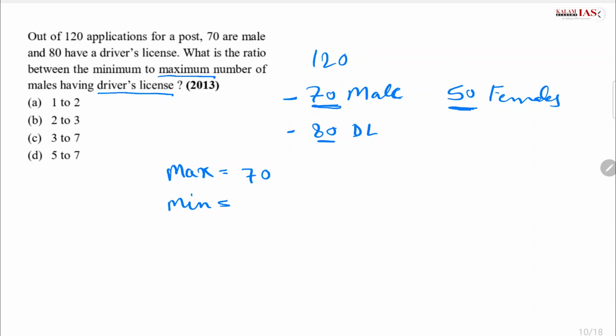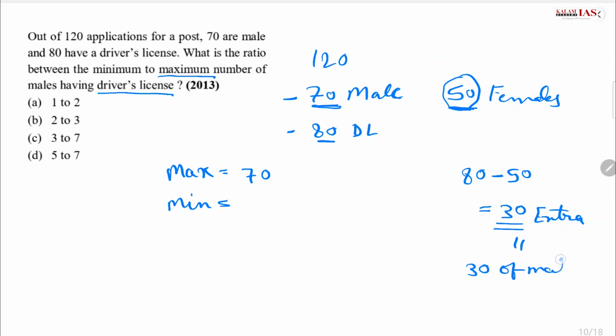If we have to find the minimum, if all 50 females have a driving license, then out of 80 driving licenses, 50 are with females, so 30 licenses are still extra, which will equal the number of males having a driving license. So minimum will be 30.